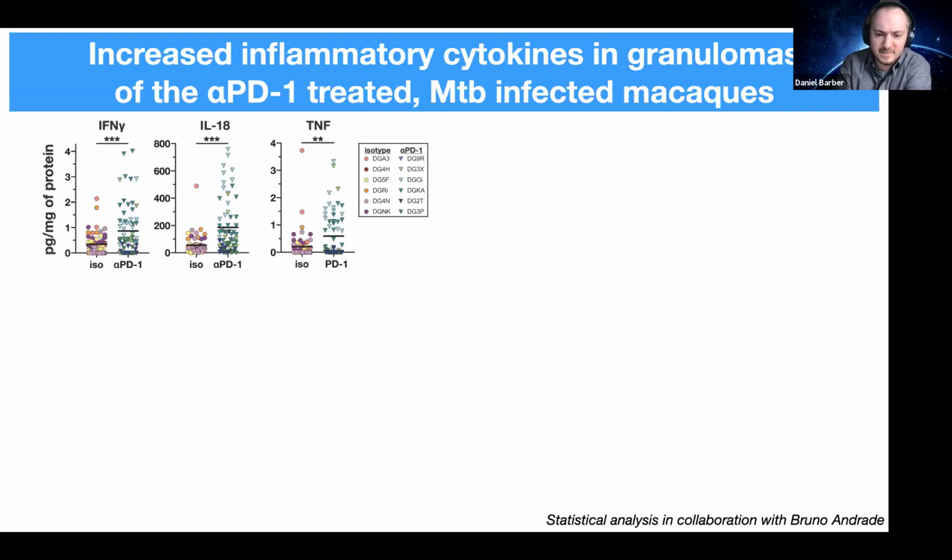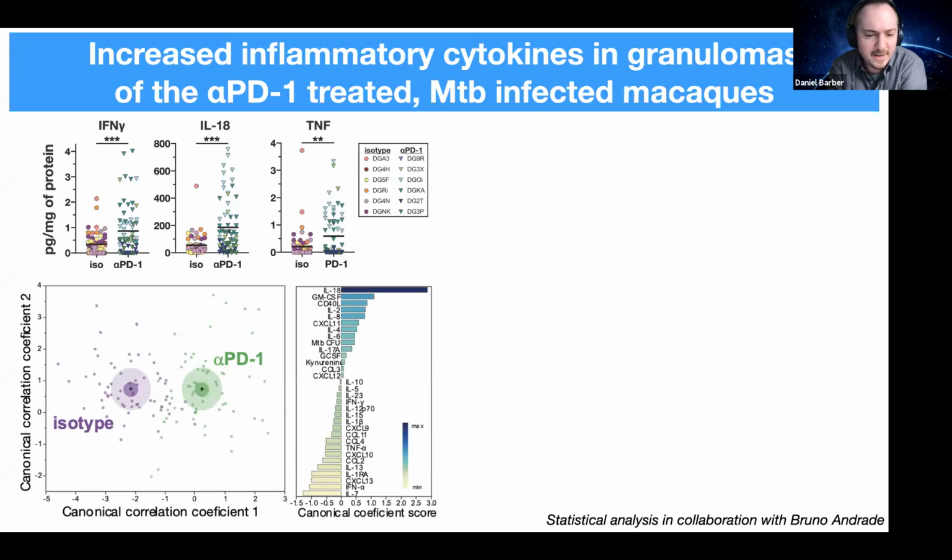But to understand the data a little bit better, we sent it to Bruno Andrade in Salvador at Fiocruz, and he's a statistical whiz. And he performed a canonical correlation coefficient analysis. I'm going to ask for forgiveness from the statisticians out there while I butcher this, but essentially it tries to understand how all the data is interconnected. It looks at how all the different analytes relate to one another as a measure of the quality of inflammation.